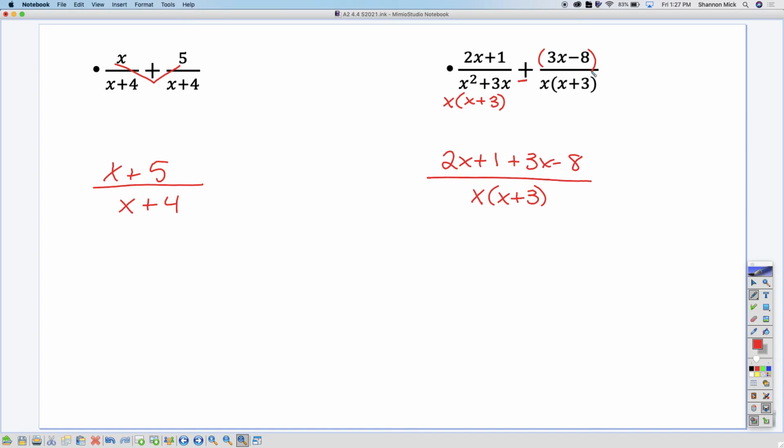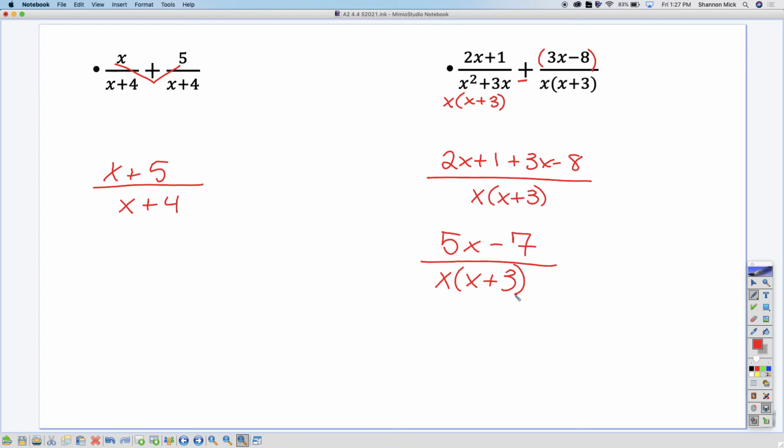So you would just distribute that and then combine like terms. At this point, I just combine like terms, correct? So it'd be 5x minus 7. And if I could factor that numerator, I would, because hopefully someday something will reduce out.